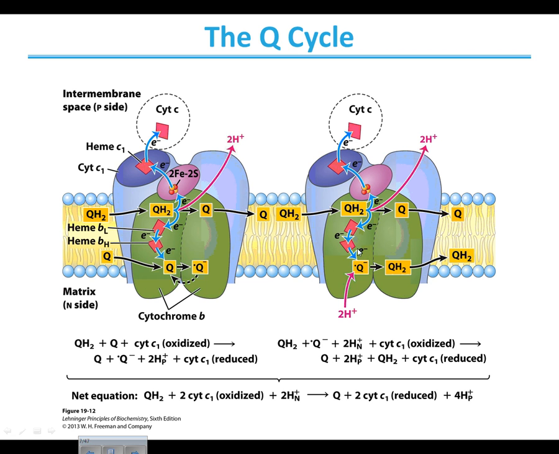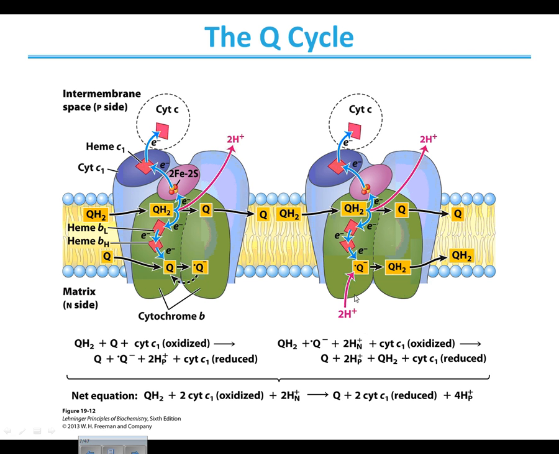The secondary electron goes to the radical version of Q that we got from the first one, pulling in 2 more protons. So you can see we are continuing to donate electrons to cytochrome C, which we want to do to go to complex 4.